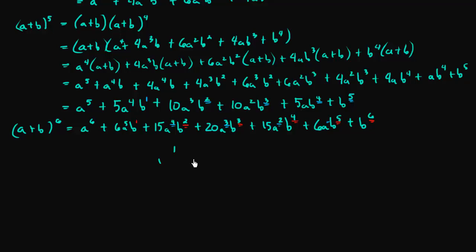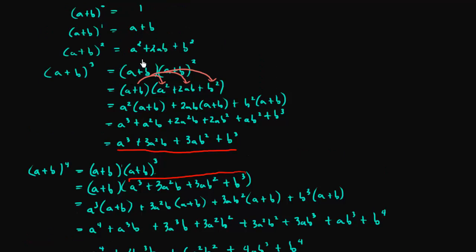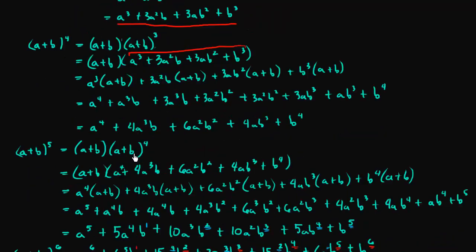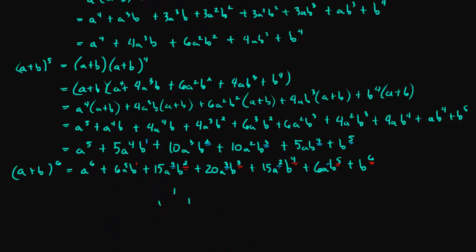Then we had coefficients of 1 and 1 when we expanded a + b. When we expanded (a + b)^2, we got 1, 2, 1. So let's write that below: this is 1, 1, and then we had 1, 2, 1.